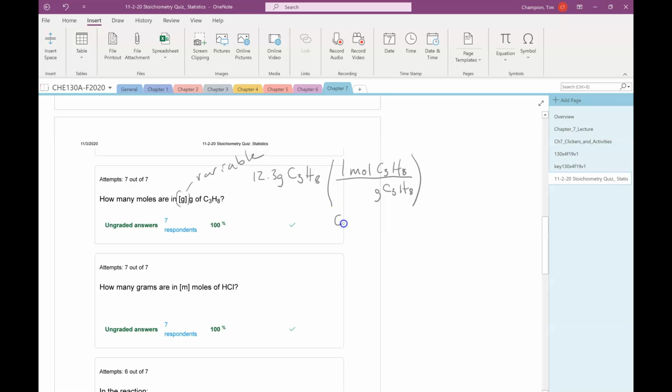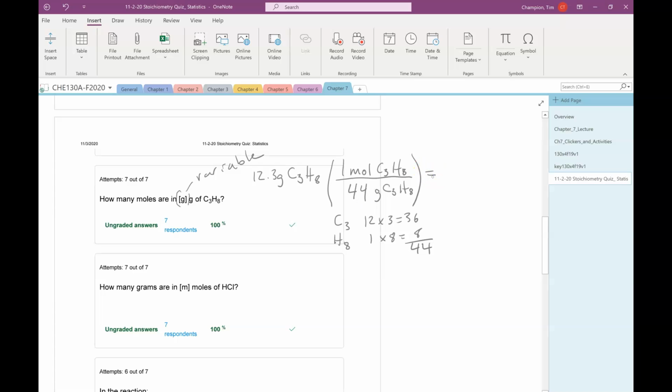And again, I've got C3H8, carbon is 12, I've got 3 of them, that's 36. Hydrogen is 1, I've got 8 of them, that's 8, so that's 44 grams for every 1 mole of C3H8.